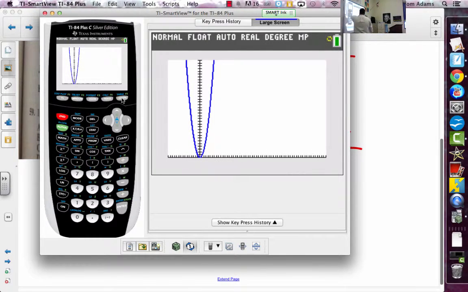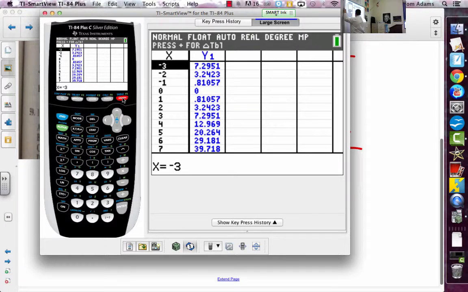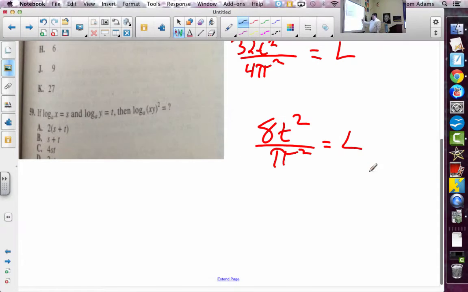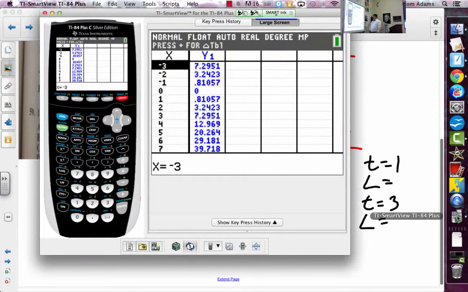I want to look at the table. When t equals 1, L is equal to something. When t equals 3, L is equal to something else, okay?